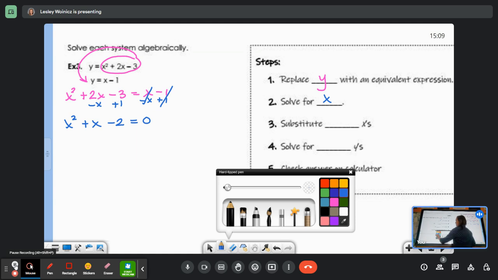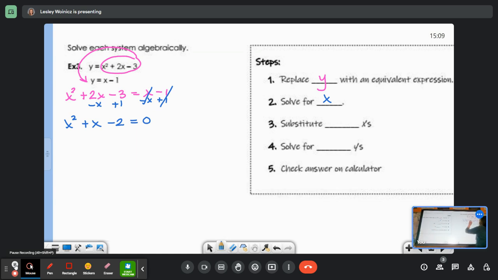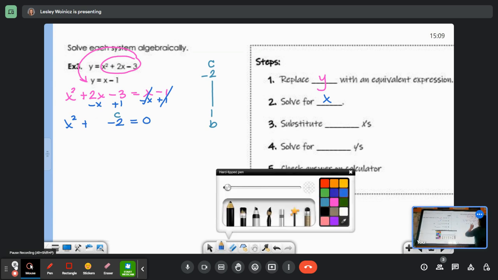So remember that we want to multiply to the c value and add up to the b value. So we're looking for factors of -2, the c, that add up to 1, the b. The 1 in front of the x is the b, if that was not clear.